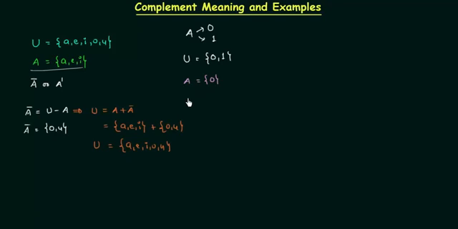If I want to take the complement, then I will have a set in which the element will be 1. In the same way, if there is another set B having the element 1, then B complement will have the element 0. So simply, complement of 0 is 1 and complement of 1 is 0. This is a very important point that you should keep in your mind while solving problems on complement.